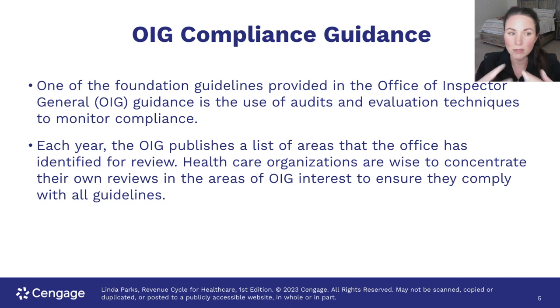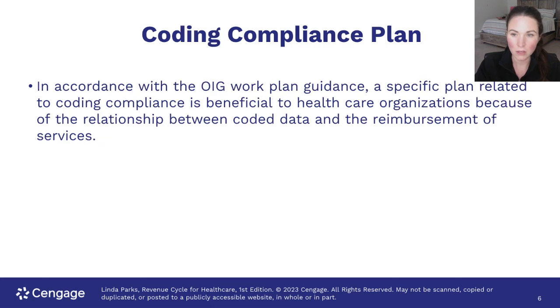And so that's what the facility is going to focus their audits and reviews on. The OIG also recommends having a coding compliance plan that has all of the policies and procedures for how to accurately assign codes and stay compliant, and how audits are done and what risk areas they've identified.